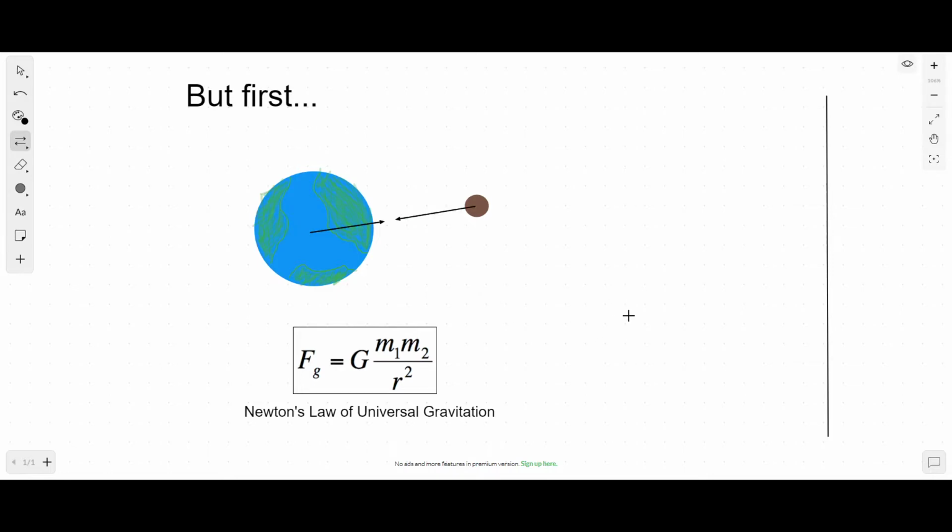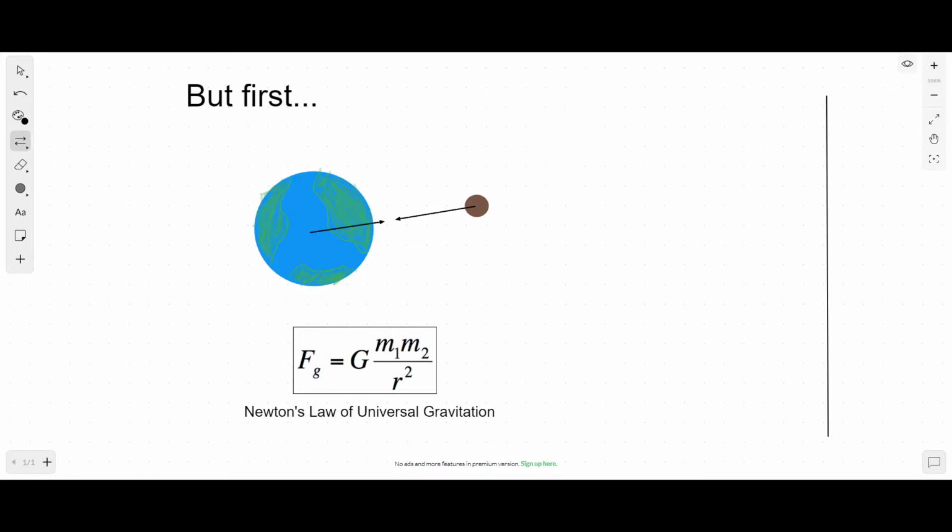Both of these forces are equal to each other, and what they depend on is the mass of the first object, planet Earth, times the mass of the second object, the moon, divided by the distance between them squared and multiplied by a constant. You may have seen this before, or you may have never seen this before. But I wanted to introduce this for a little bit because this is going to come very handy when we talk about electrostatic forces.